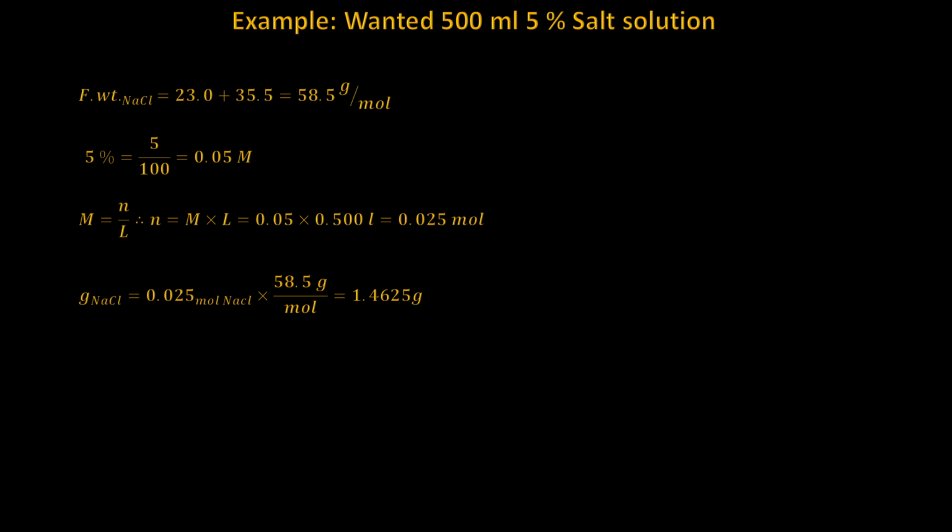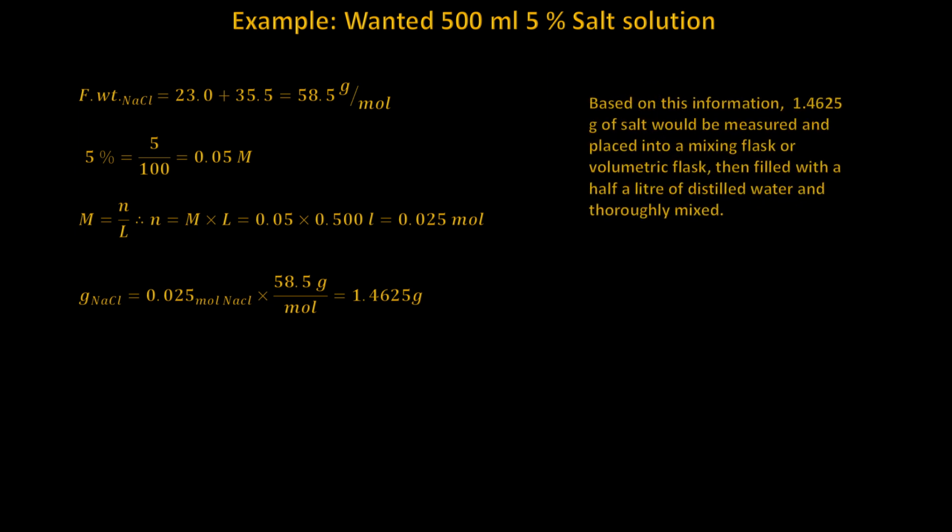If we had a scale that was calibrated to 6 decimal points, this amount could be weighed out with more precision and accuracy. However, if the scale was calibrated to only 2 decimal points, we would round off to 1.46 grams.